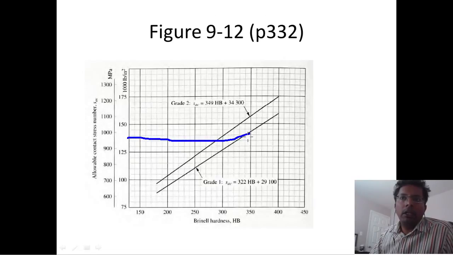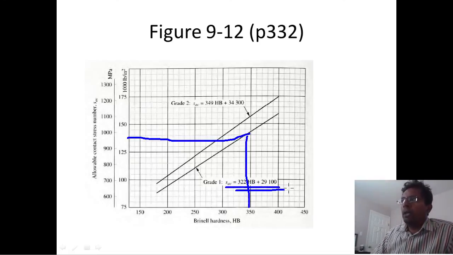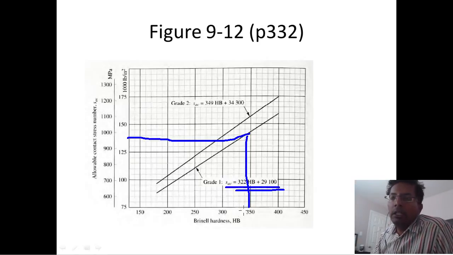So we pull this across to figure out what the hardness number would be. The easier way to do it would be just to plug it into this equation over here. If you do that, we get 333.85, or you can look at this and get about 335 somewhere over here.